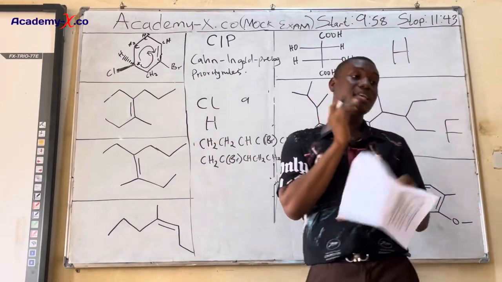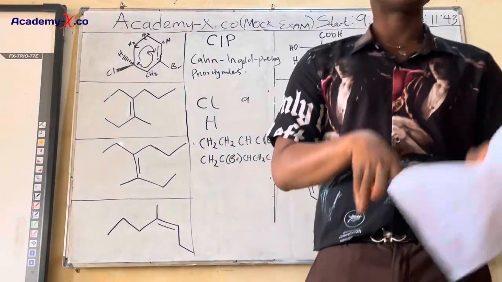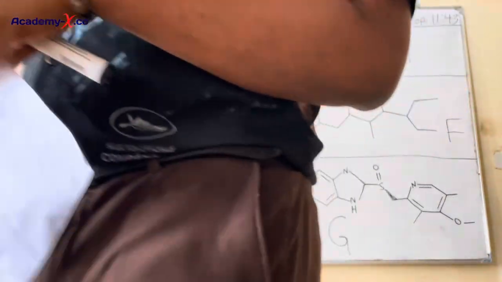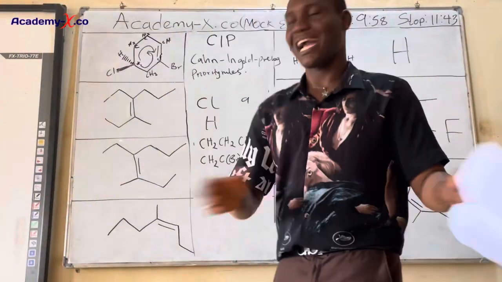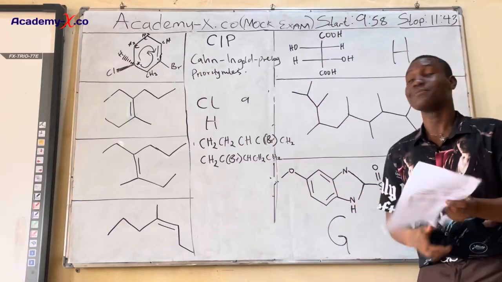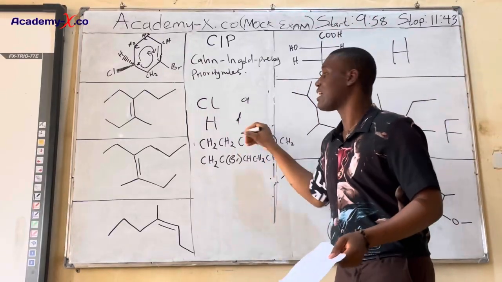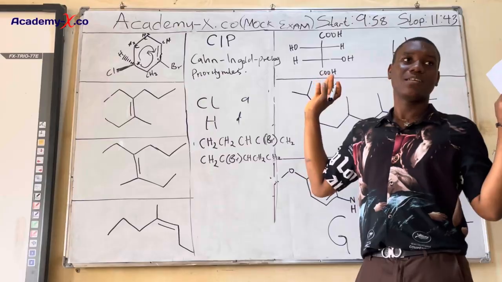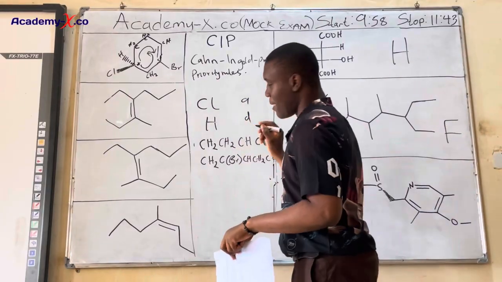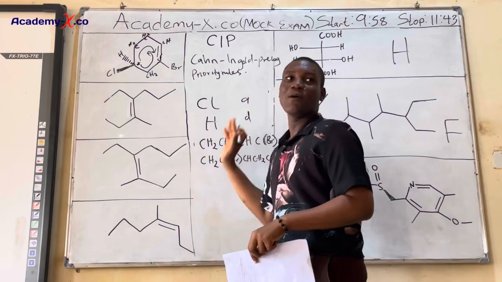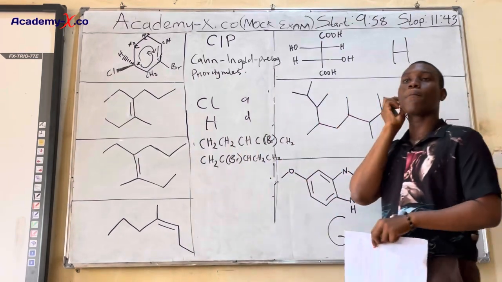So now let me give you this trick. Don't mind hydrogen. Always give hydrogen the last position. Like once there's hydrogen, just place your D there, like nothing spoiled. Now the problem is between these two. So let us know which one we go first.